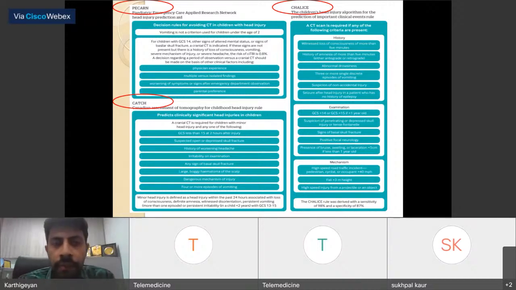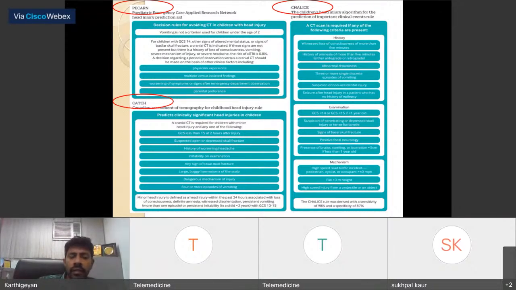and again certain features which are less in favor of intracranial injuries and for which CT is not required. Say, for example, a patient walks to a trauma OPD after some trivial trauma and a single episode of vomiting. The normal tendency would be to go for a CT scan. We also practice the same thing here.